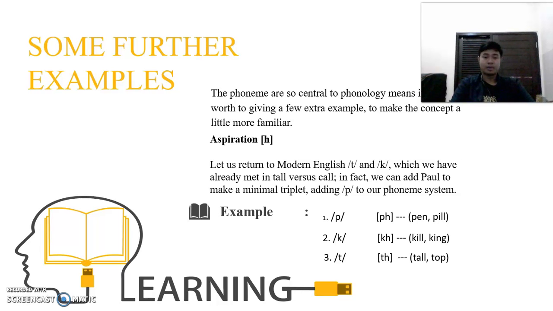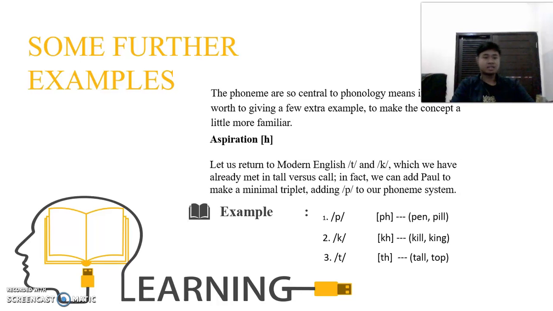As for number one, aspiration H. Let us return to modern English T and K, which we have already met in the tall versus call. In fact, we can add Paul to make a minimal triplet, adding P in our phoneme system.